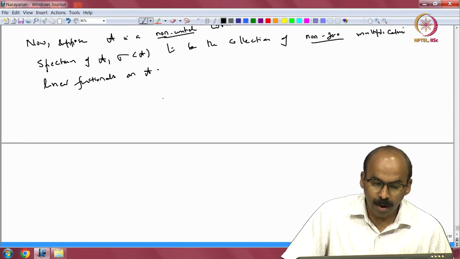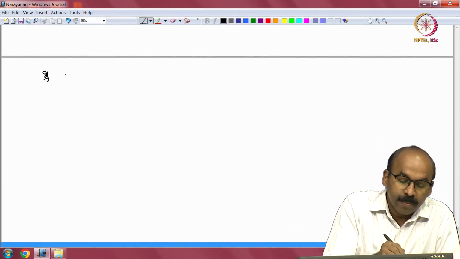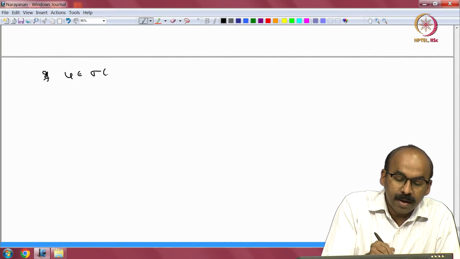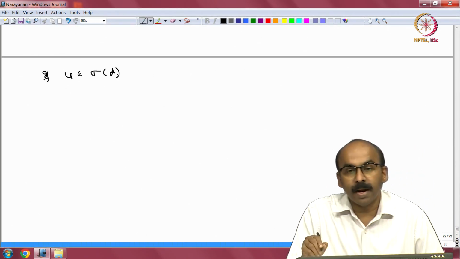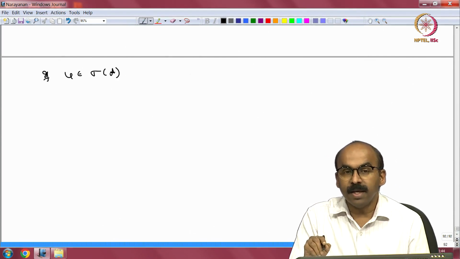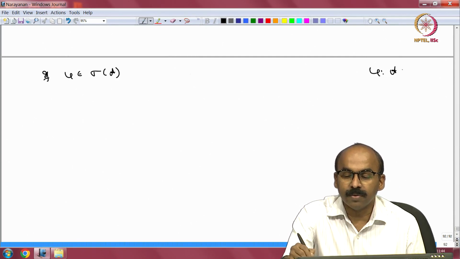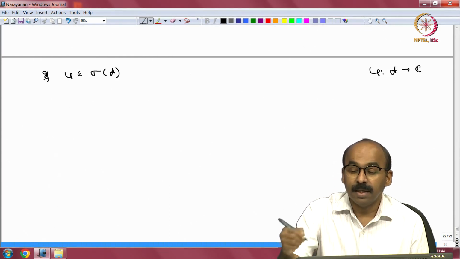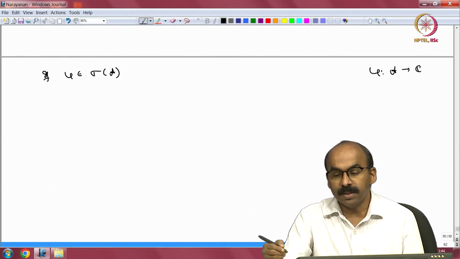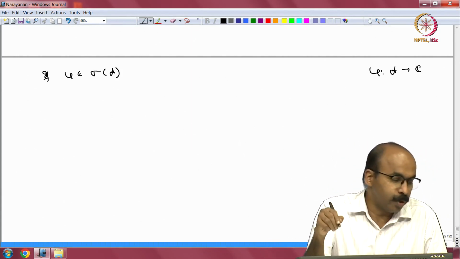Now, let us look at sigma A. If I take phi in sigma A, remember A is a non-unital commutative Banach algebra. Phi is in sigma A means phi is a multiplicative linear functional from A to C. It is a continuous linear functional plus it is multiplicative, and non-zero, we assume it to be non-zero.